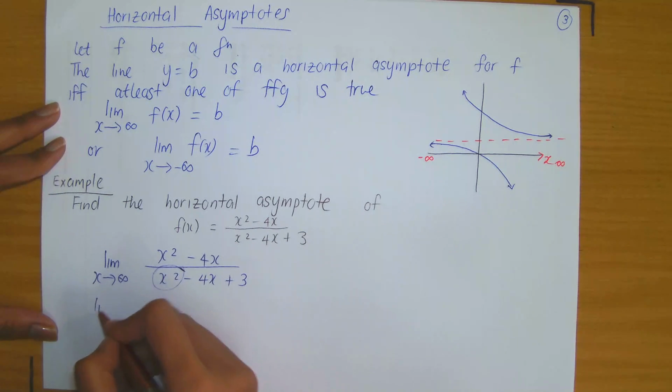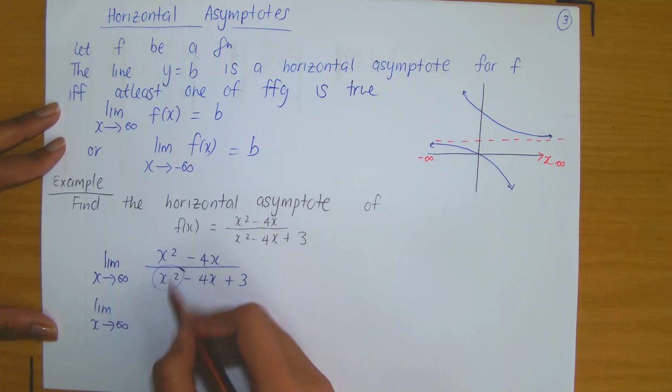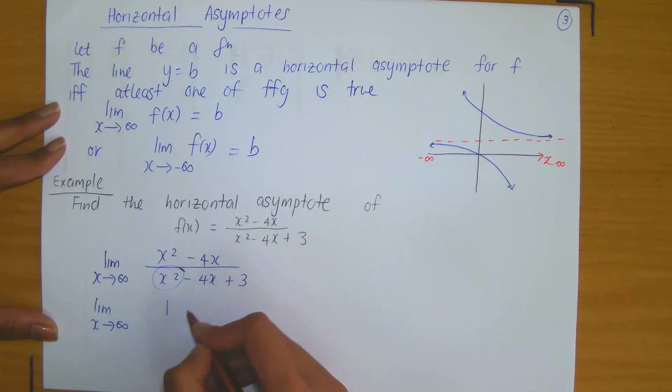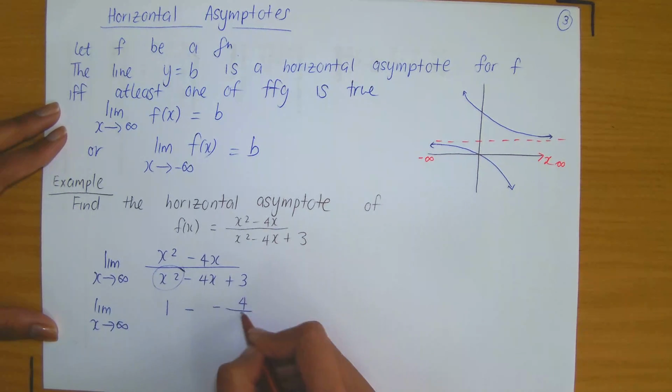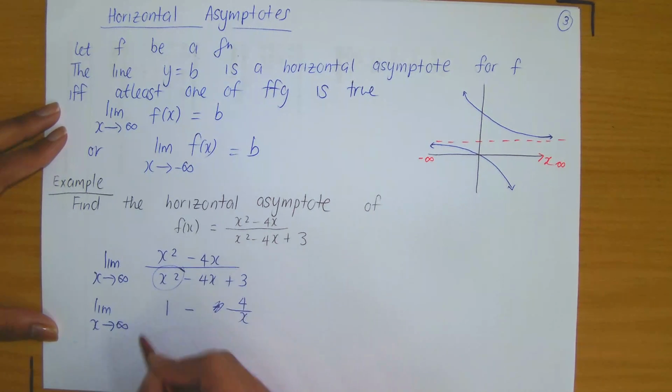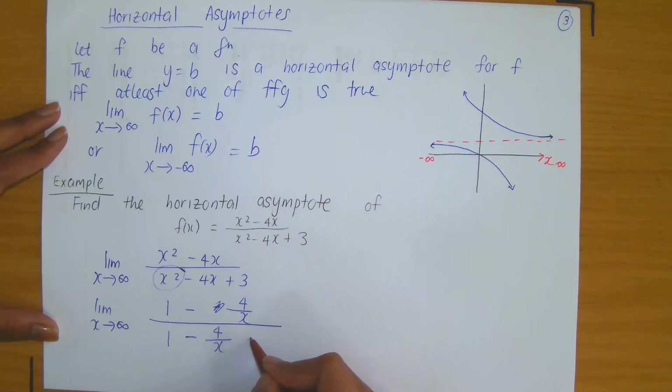So doing that, divide x squared by x squared, I get 1. Divide minus 4x by x squared, I get minus 4 over x. Looking at the denominator, x squared by x squared is 1. Dividing minus 4x by x squared, it's minus 4 over x. And dividing 3 by x squared, it's positive 3 over x squared.